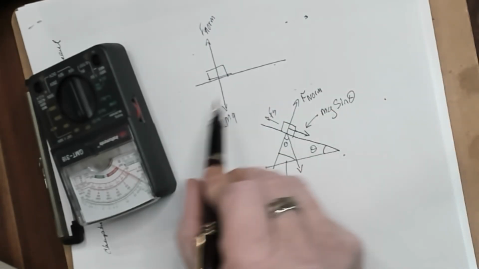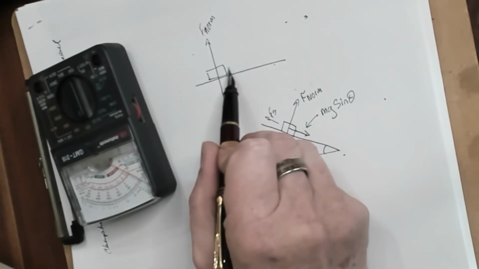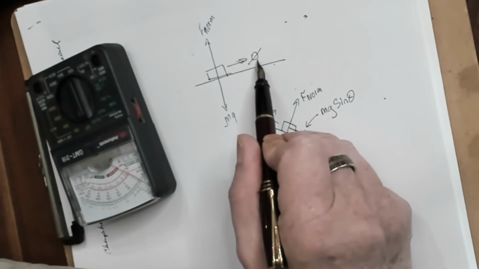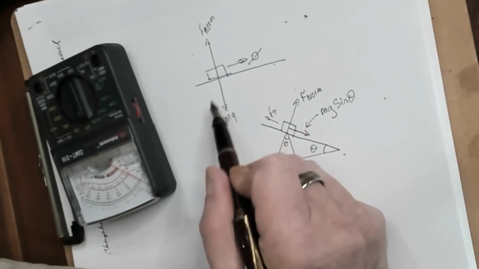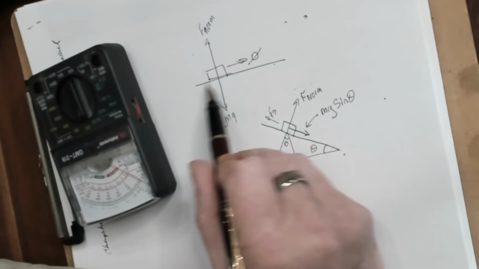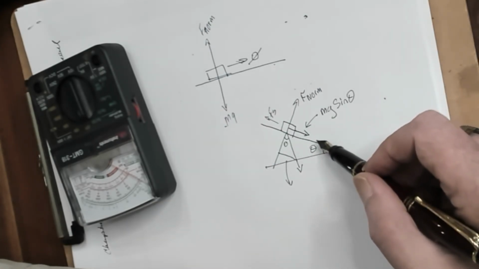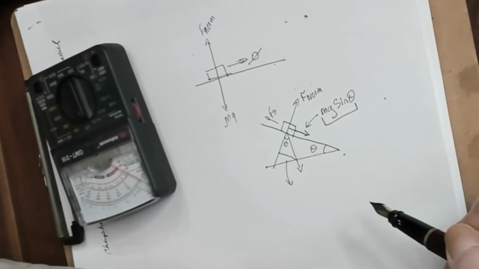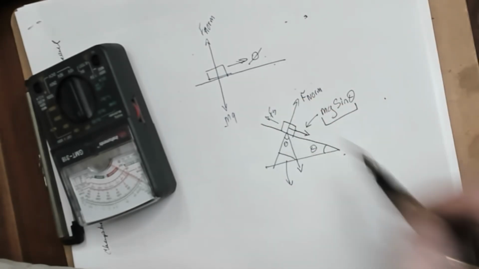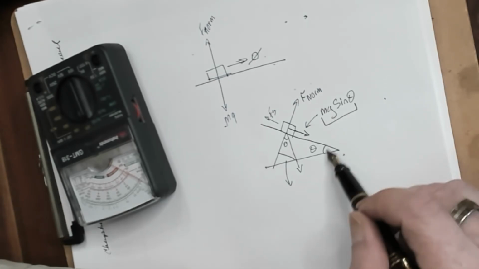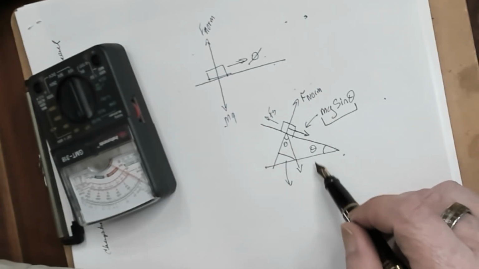Now, initially, when the block was flat on the table, the force pulling it in this direction was 0. As a result, there was no net movement in this direction. But as we start to move the ramp up, we start to get a force moving in this direction equal to the mass of the object times the acceleration of gravity times the sine of this angle theta.